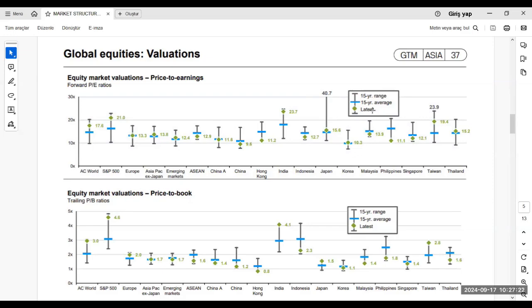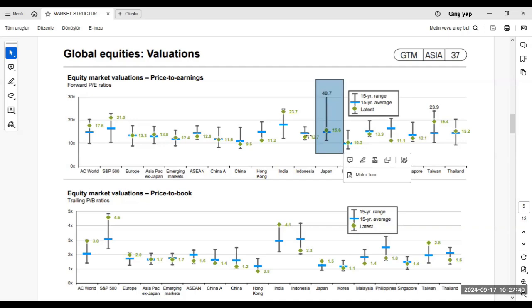We can compare the S&P 500, Europe, Asia Pacific, emerging markets, China, Hong Kong, India, Indonesia, Japan. Please look at the Japan example here.